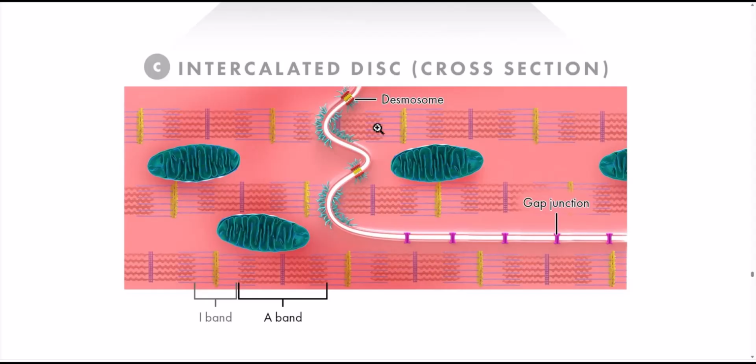We learned that desmosomes are reinforcement buttons or rivets, connectors found between cells that are under a lot of stress. Well, imagine your heart is beating 60, 70, 80, 130 times a minute when you're exercising. Those muscle cells are under a lot of stress and are being pulled apart as they contract. So we need those reinforcements.